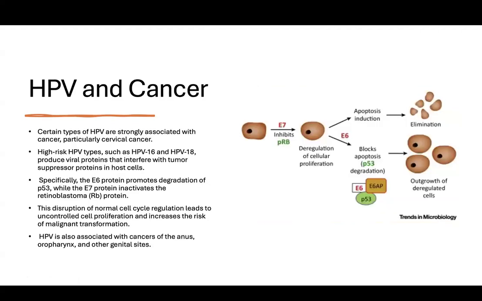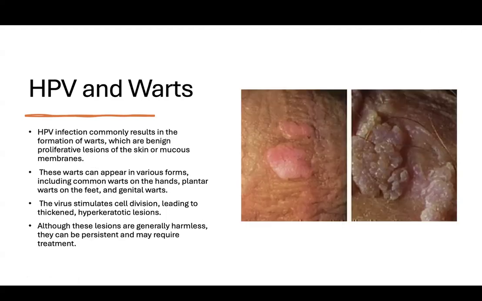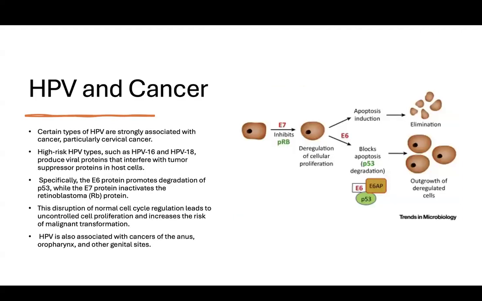The issue is if you have a high-risk HPV virus. The difference between these high-risk HPV viruses and the low-risk ones is purely that they have the E6 protein and E7 protein. The E6 protein degrades p53 and E7 inactivates retinoblastoma. p53 and retinoblastoma are the guardian angels in your cell.